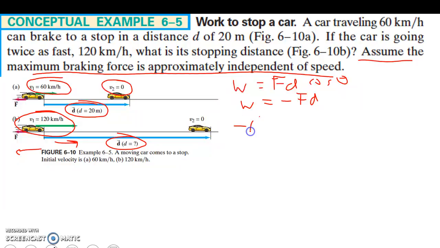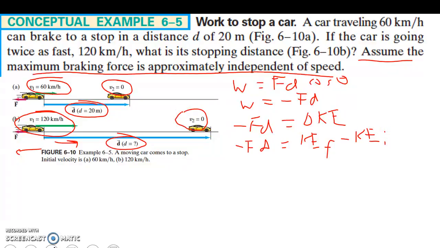So negative force times distance is equal to the change in kinetic energy, which is kinetic energy final minus kinetic energy initial.